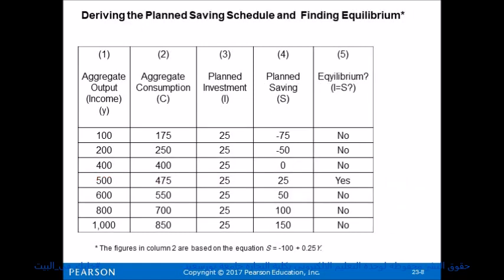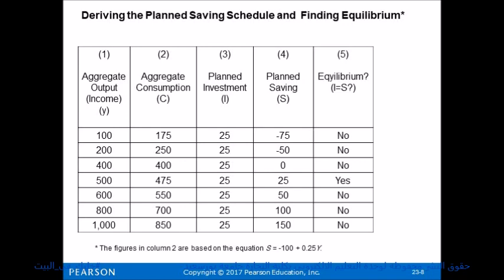The table we have here gives an example of using the second approach for determining equilibrium output or income, and that is using the saving investment approach.